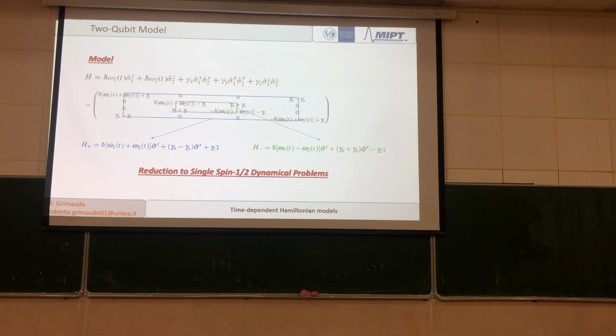But in this case, the Hamiltonian has the same symmetries. Of course, if you insert here, for example, an interaction term, sigma 1x sigma 2z, then you lose your symmetry, and so we no longer have these two independent orthogonal subspaces, and we cannot apply our methods.